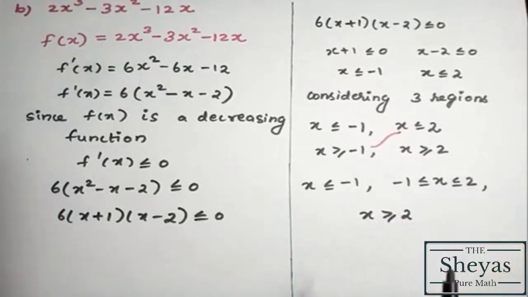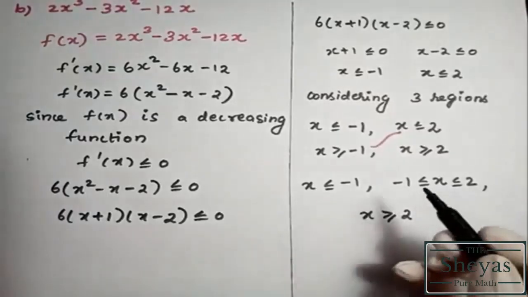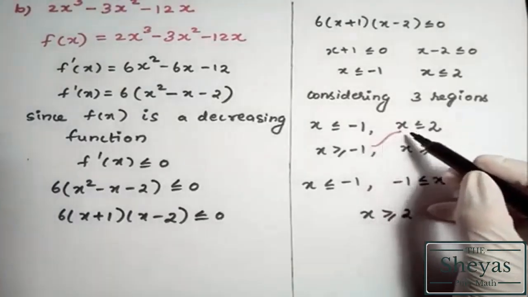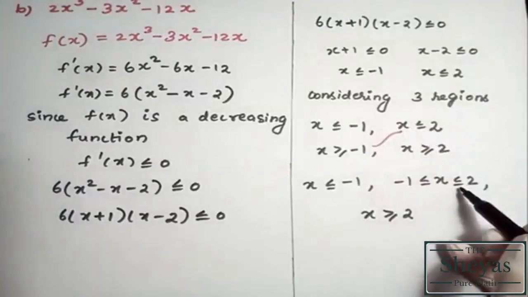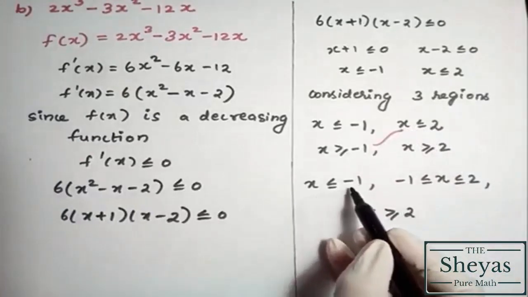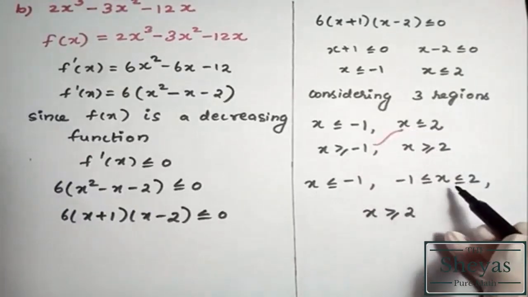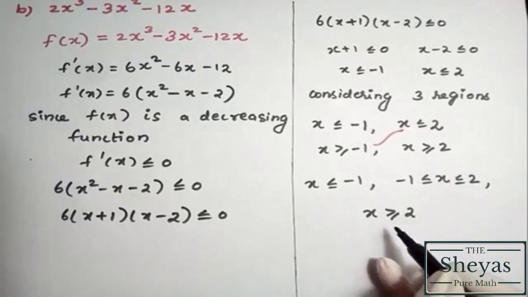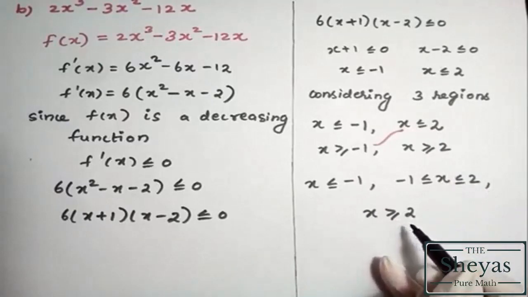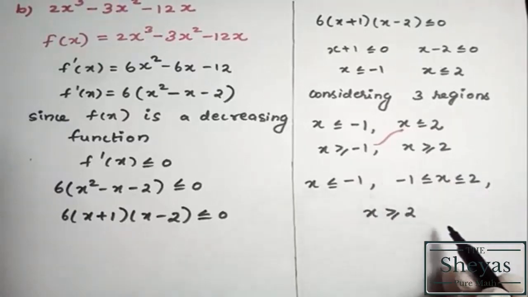So altogether we have three regions. These two we have linked together and written as a single region: x less than or equal to minus 1, minus 1 less than or equal to x less than or equal to 2, and x greater than or equal to 2. So these are the three regions we are going to consider.